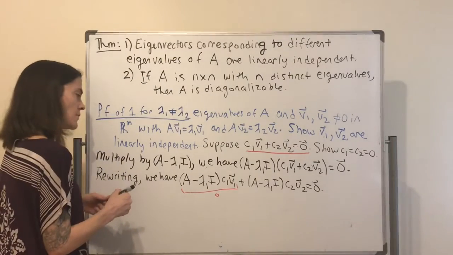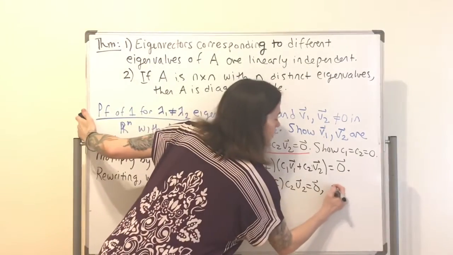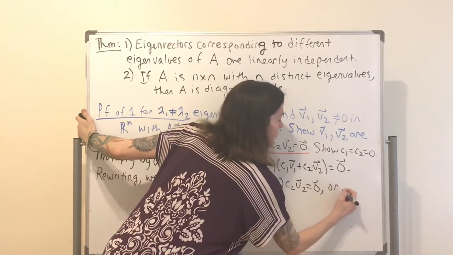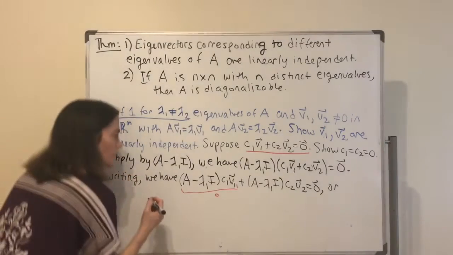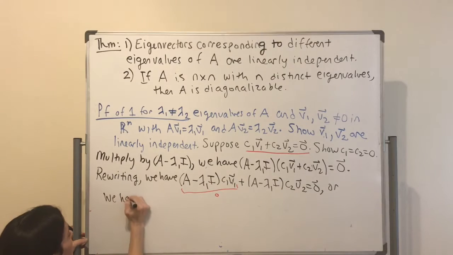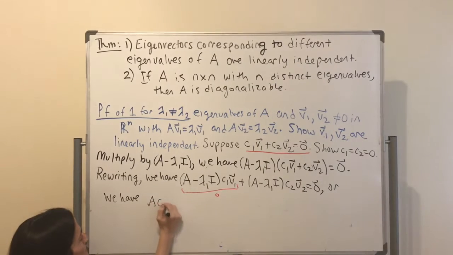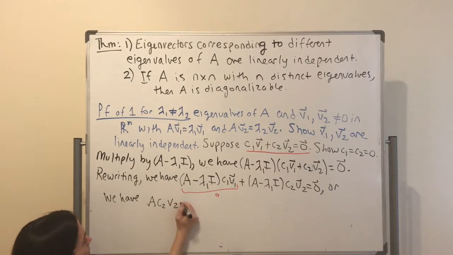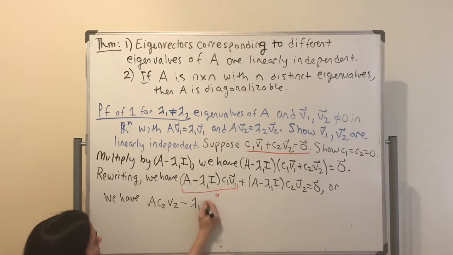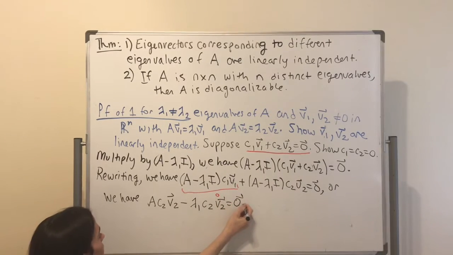Okay, rewriting, we have A C2 V2 minus lambda 1 C2 V2 equals 0.